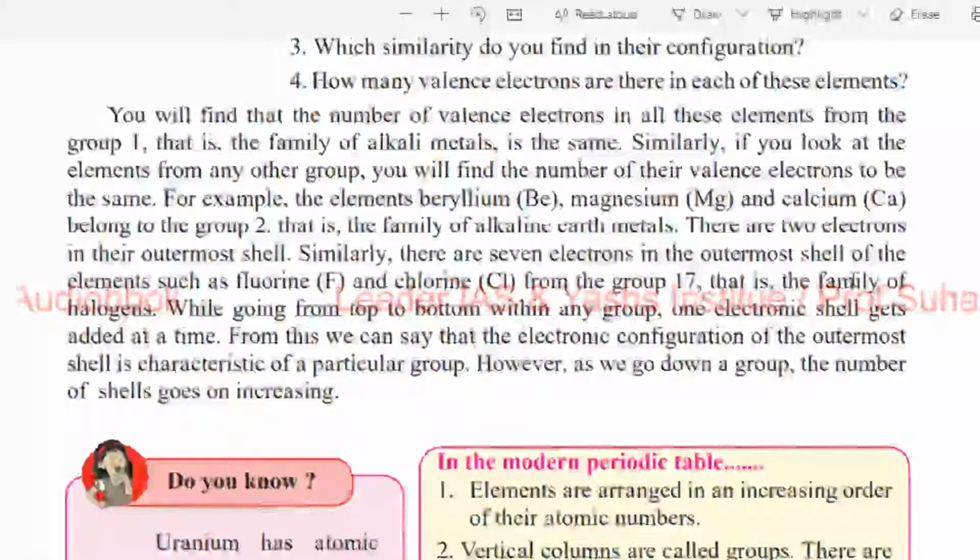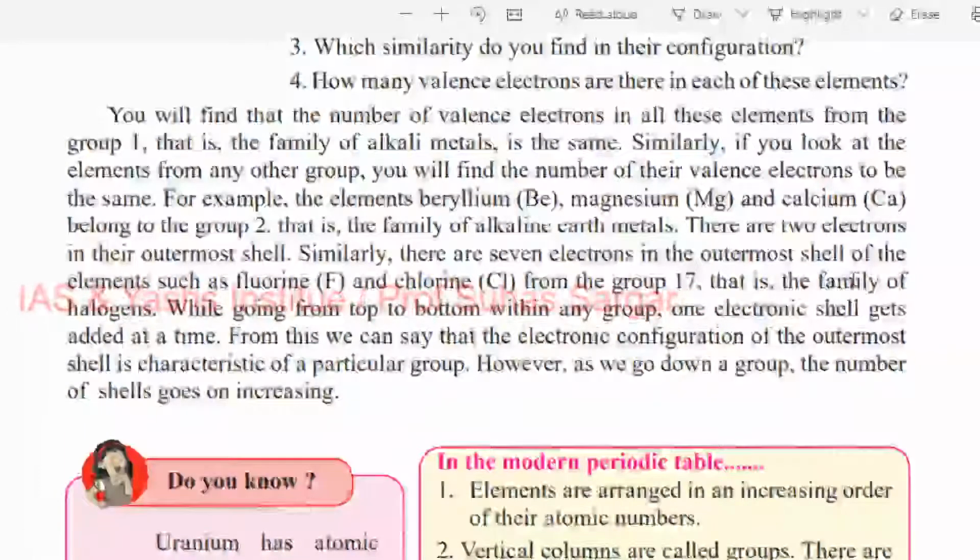For example, elements beryllium, magnesium and calcium belong to group 2, that is, the family of alkaline earth metals. There are 2 electrons in their outermost shell. Similarly, there are 7 electrons in the outermost shell of elements such as fluorine and chlorine from group 17, that is, the family of the halogens.